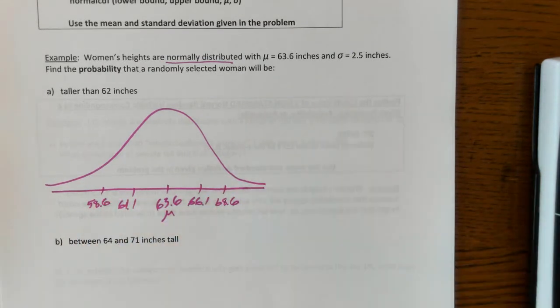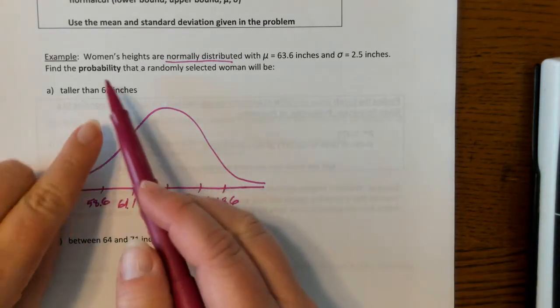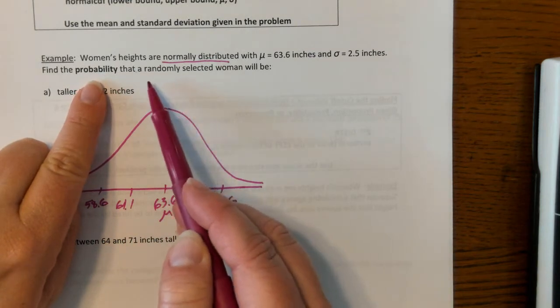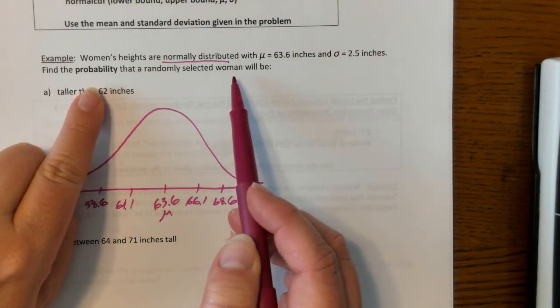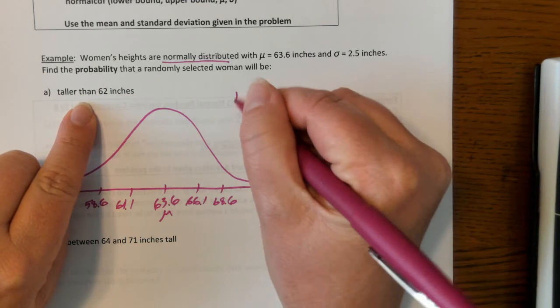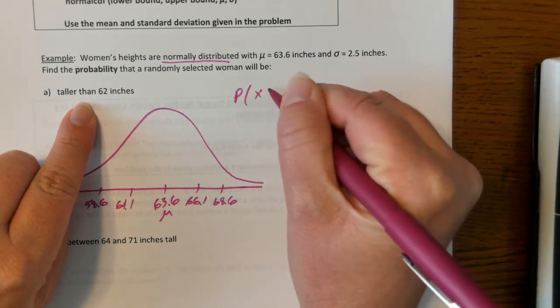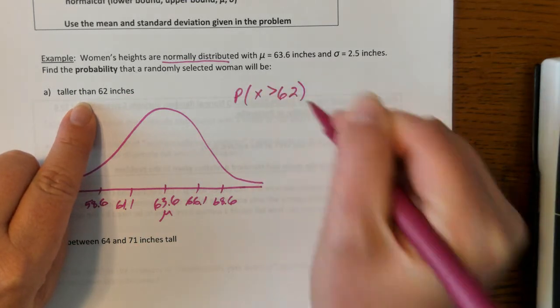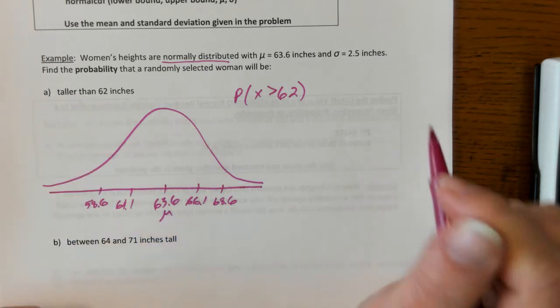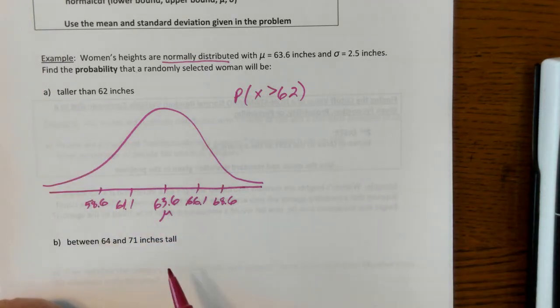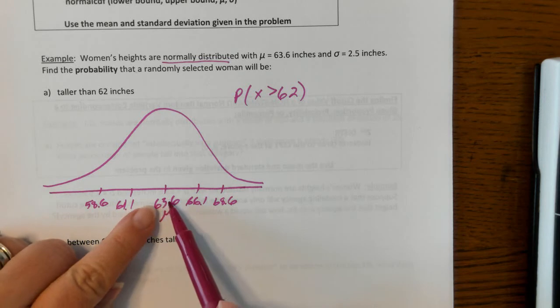We're counting by 2.5s. They want us to find the probability that a randomly selected woman will be taller than 62. They want the probability that x is greater than 62. Okay? Well, where would 62 fall on our graph here? Well, 62 is below the mean.